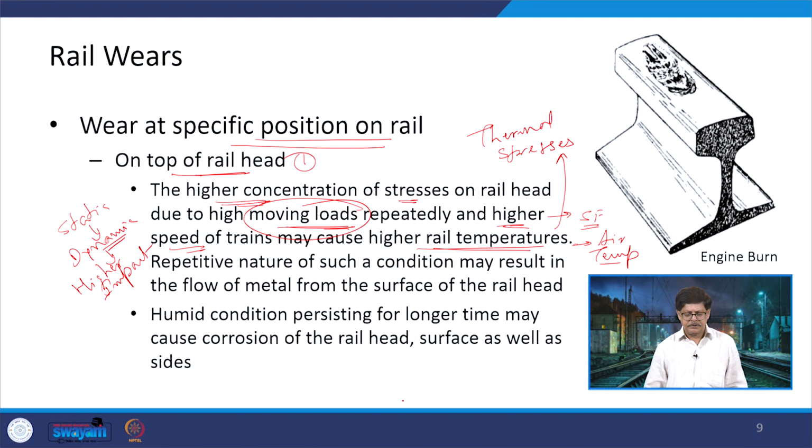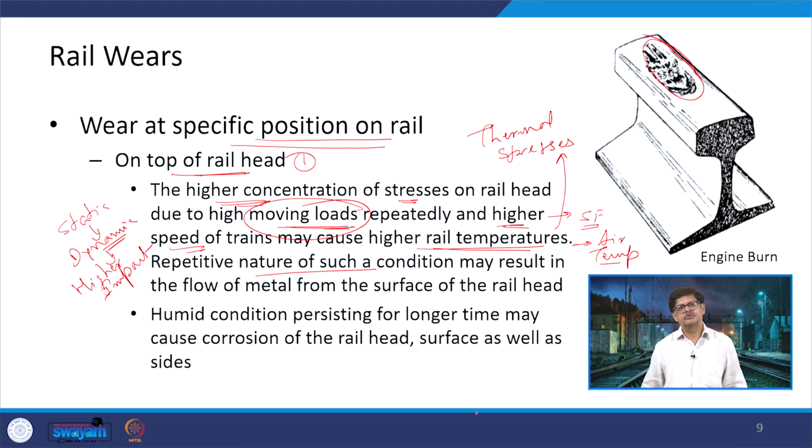Now, the repeated nature of such conditions may result in the flow of metal from the surface of the rail head. You can see something being shown here, which is basically caused at a location where the locomotive is stopping, and the higher pressure exerted by the locomotive to remove the inertial effect and start the train moving.